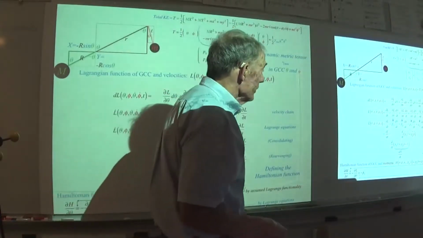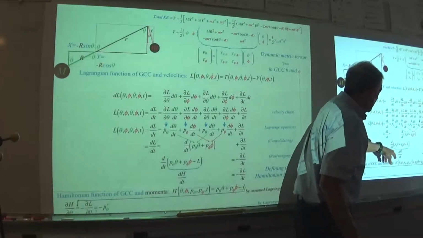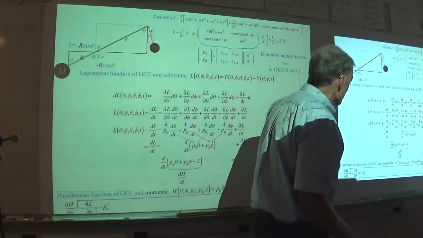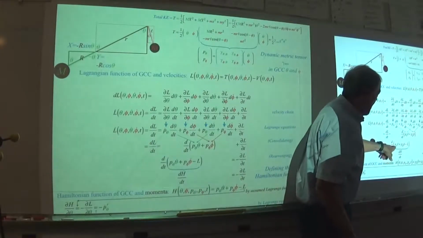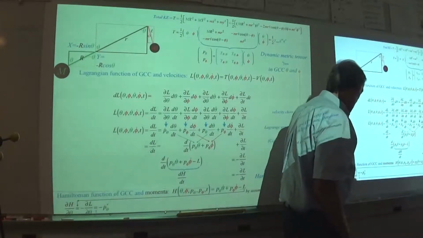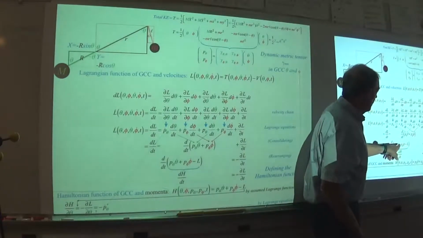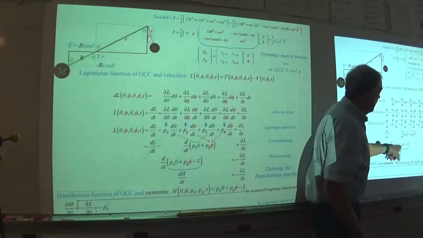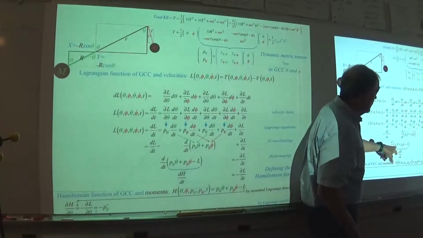And we can see just from looking at this thing, the partial derivative of the Hamiltonian with respect to theta, there is nothing here that has a partial derivative with respect to theta. These are all independent variables that don't respond to that coordinate.